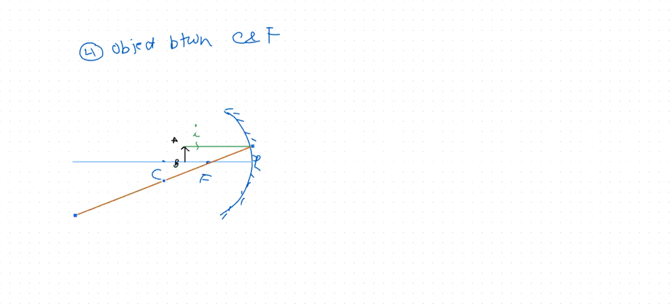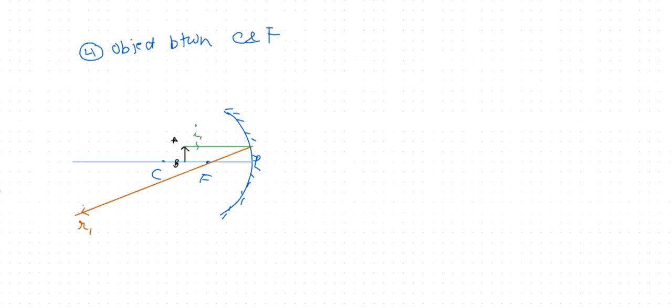So let me make the arrow here and call it as R2. Okay. So this is my, sorry, R1, because I1 will have a R1. Okay. Now let's consider the other ray.